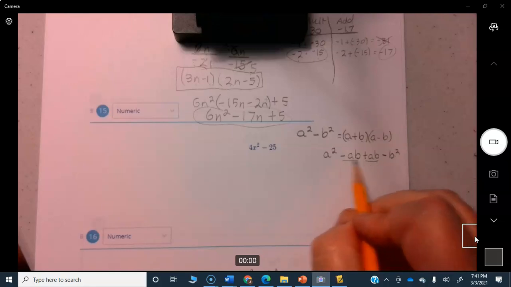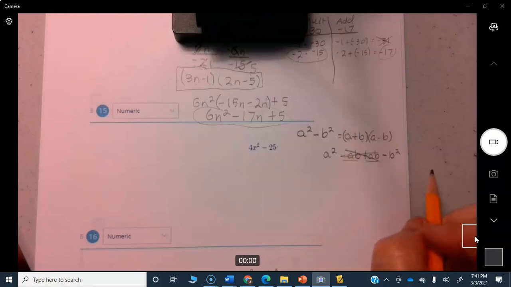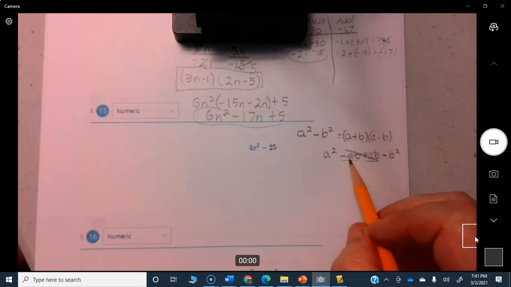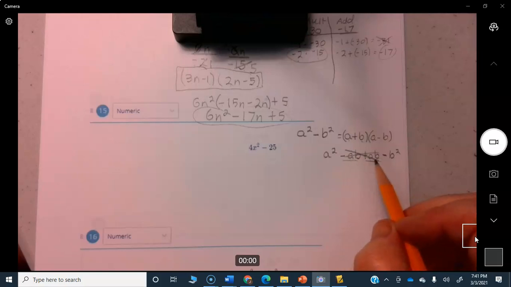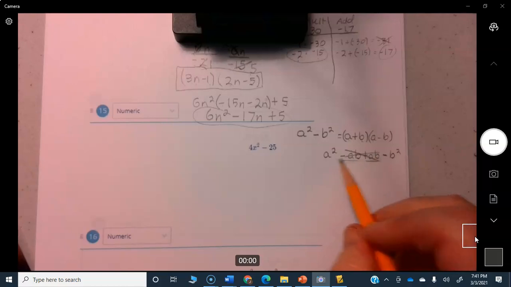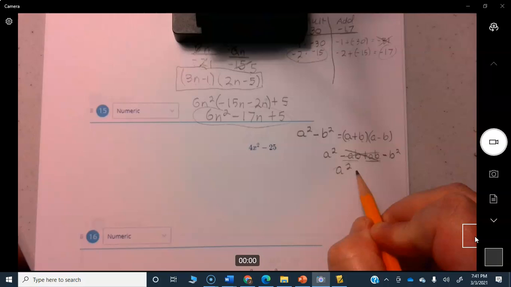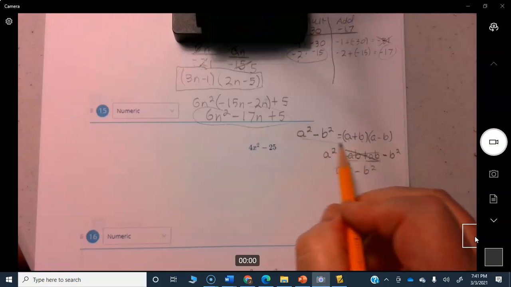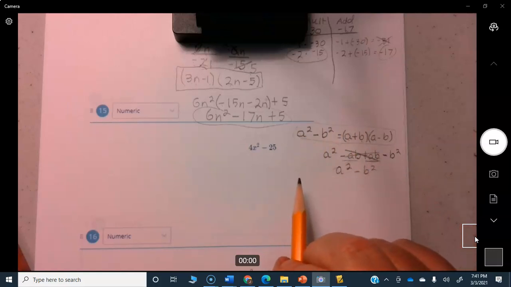Positive ab minus ab cancels out. They go away. Okay, be sure you follow that. The minus ab is first, but that doesn't matter. Positive ab minus ab cancels. So you end up with just a squared minus b squared. Okay, so this principle is called the difference of squares.